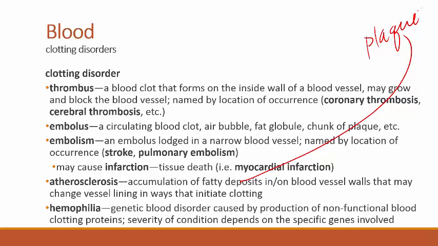And depending on which of the genes is involved and which of these protein factors isn't being made, some people may have relatively minor hemophilia. Other people may have very severe hemophilia, and their blood will not clot at all. And it just depends on which of these factors is involved.